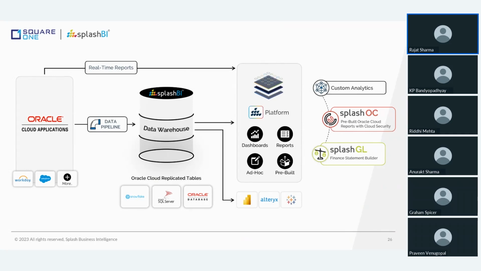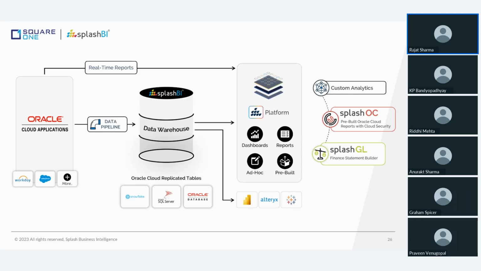But at the same time, the same platform also allows me to do table-to-table replication via the data pipeline into the data warehouse of my choice. So I could replicate my entire Oracle Fusion Pod data into any of these different data sources. It could be Oracle database, it could be my Microsoft SQL Server, as well as Snowflake.